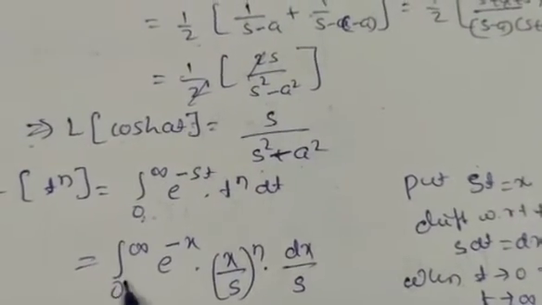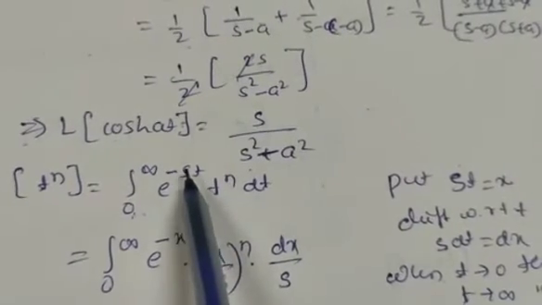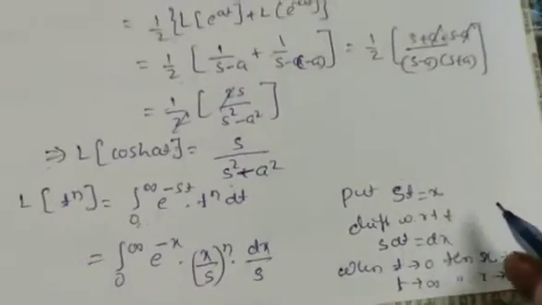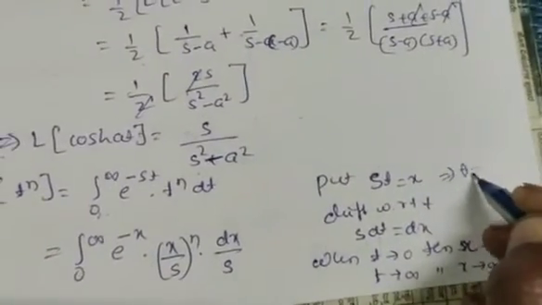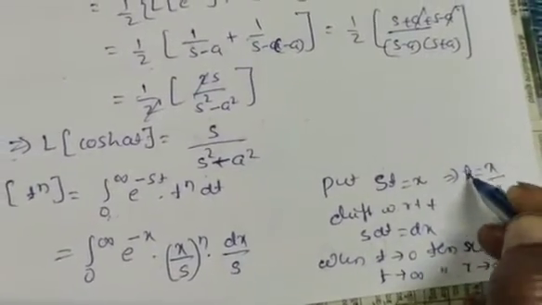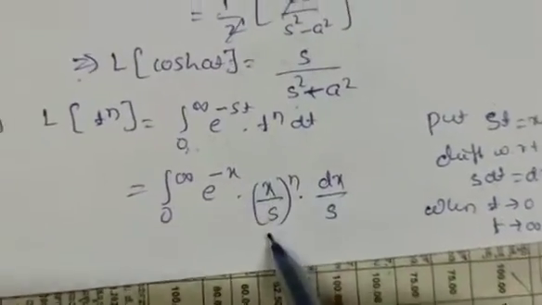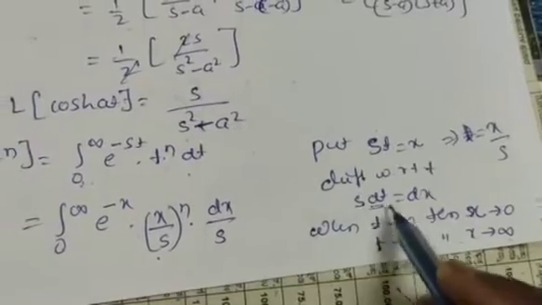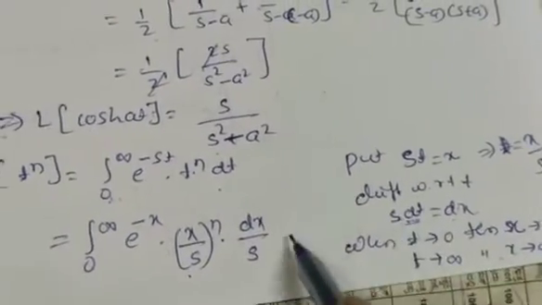So it becomes 0 to infinity e raised to minus x, where st is x, into t raised to n. What does this imply here? This implies t is equal to x divided by s. So it is (x by s) raised to n, and dt. So this implies dt is equal to dx divided by s.